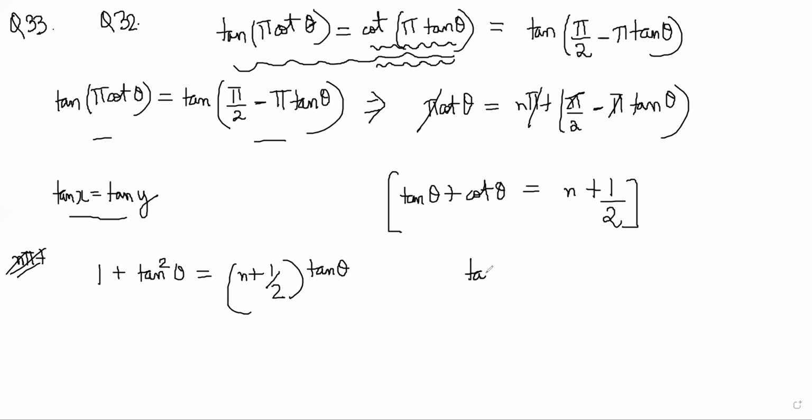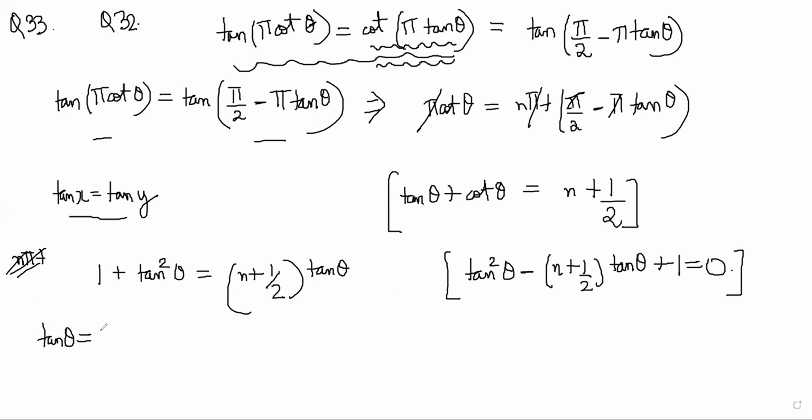So it becomes a quadratic equation like this: tan square theta minus (n plus half) tan theta plus 1 is equal to 0. Yes, sir. And you can multiply by 2. Or you can just solve it like this: tan theta will be equal to 2n plus 1 plus minus root over 2n plus 1. I took with 2, like I multiplied by 2.